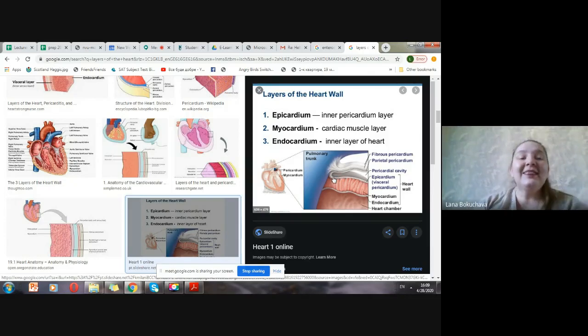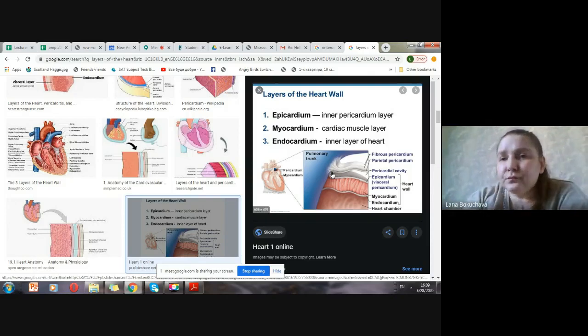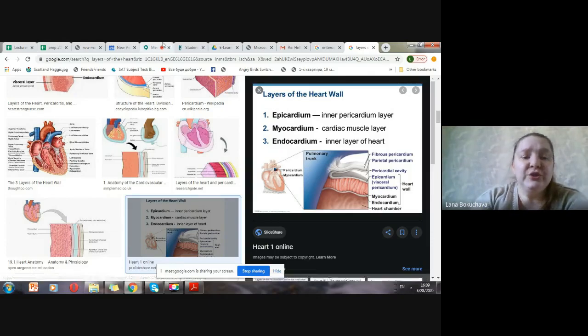And then at the region where the blood vessels originate from the heart and enter the heart, that's where we have the continuation, you see. So it's not just one layer and a second layer. No, they are literally continuous. It's one continuous structure. Okay, so that's the important thing I wanted you to remember.